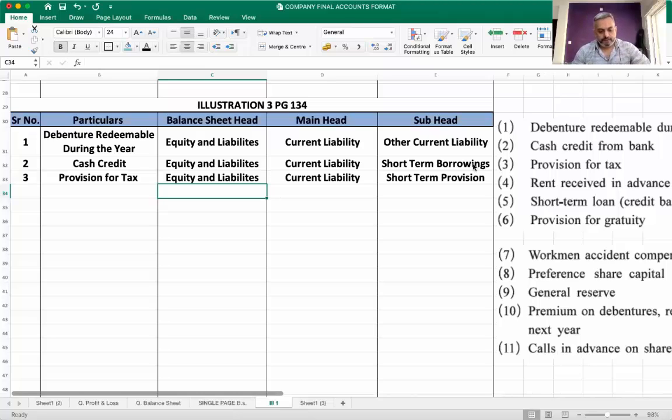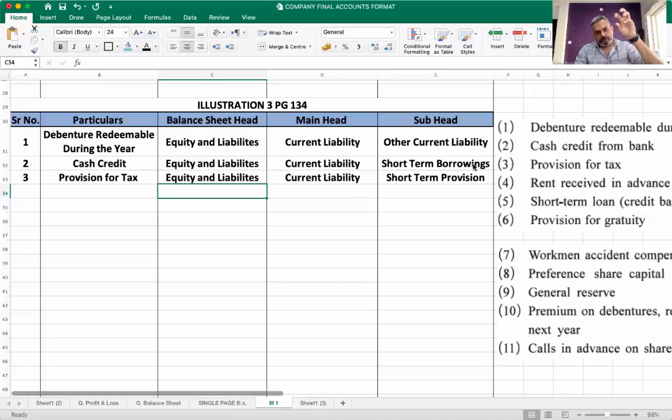So, come to page number 132 in the textbook. You can see on the top, page number 132, provision for tax. But because here we know we are doing everything connected with the balance sheet head equity and liability, we write equity and liability. Otherwise, it also comes as a part of statement of profit and loss.